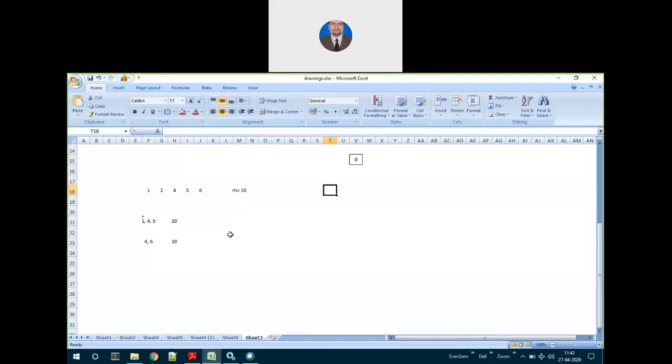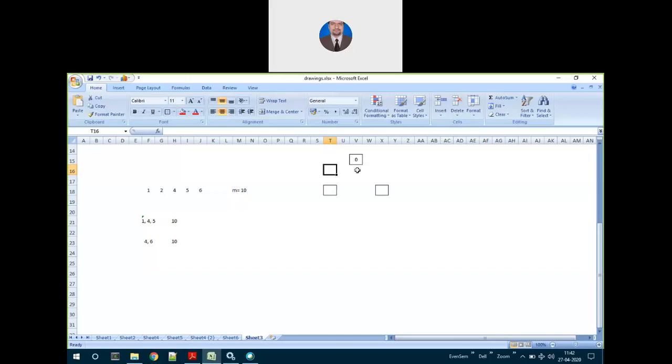So what I can do here is choose the first weight. I can have two possibilities: I can add weight 1 into my sack, or I cannot add it. With respect to that, I will draw the state space tree.